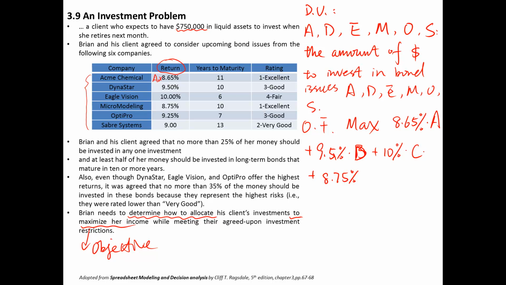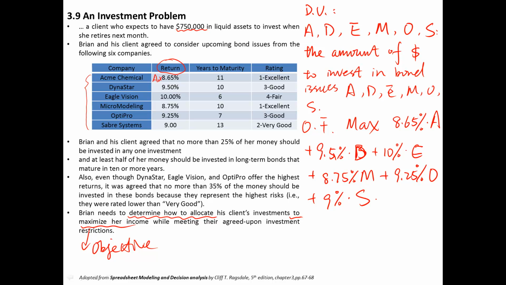Should be ADE. And M plus 9.25% times O plus 9% times S. So we've got 6 returns from investing in these 6 bonds.